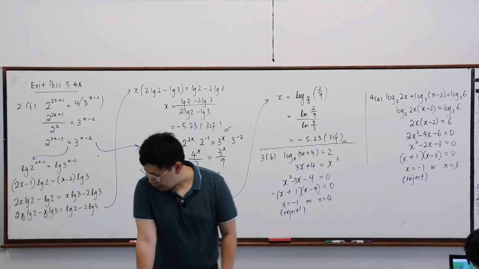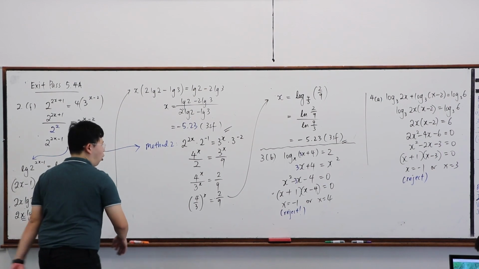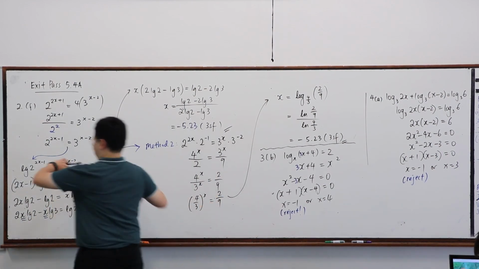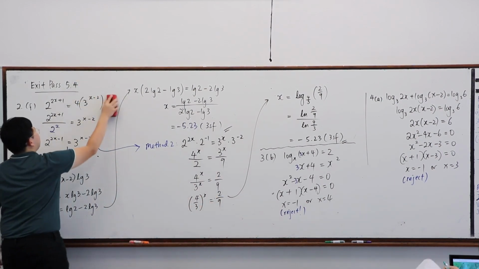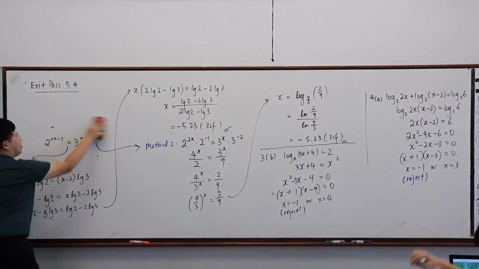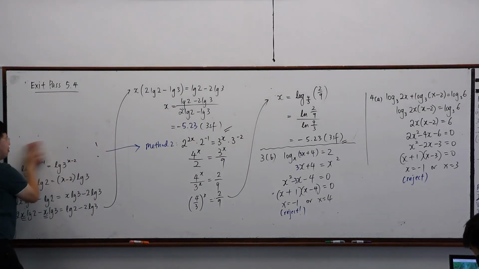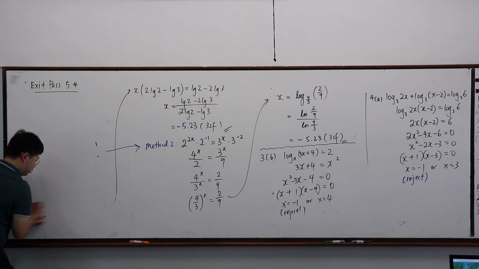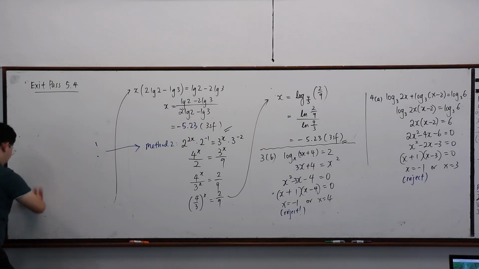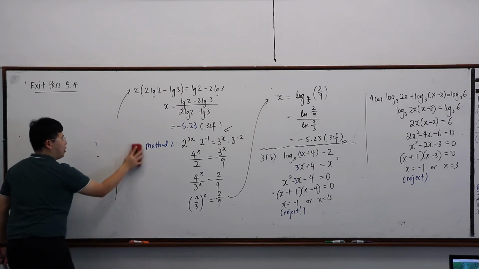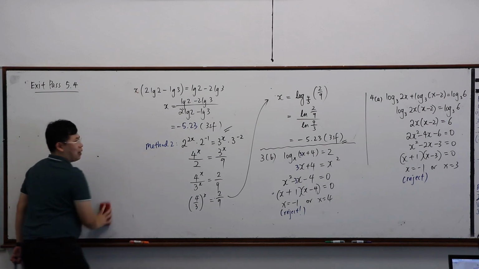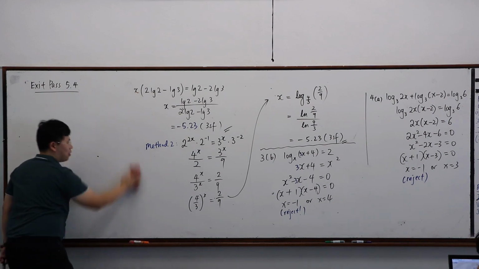Don't have? Okay, let's go with 5.4b. I think I can go through one or two questions from there, and that's all for logarithm actually. Then it will be applications already. By the way, have you all watched the video for binomial? If you haven't watched, I think this weekend will be good to watch.